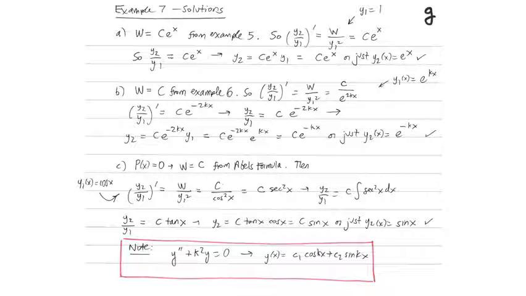In the previous video, we asked the student to try and find a second linearly independent solution to our differential equation, assuming one solution, y1, was known, by using Abel's formula for the Wronskian, if necessary, and using the identity that was discussed in the previous video.